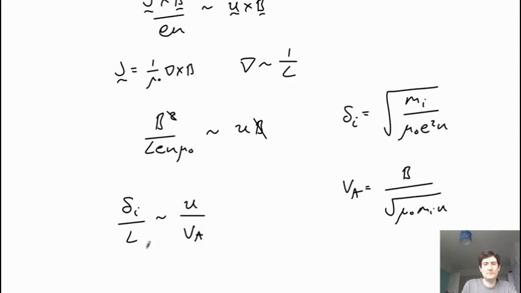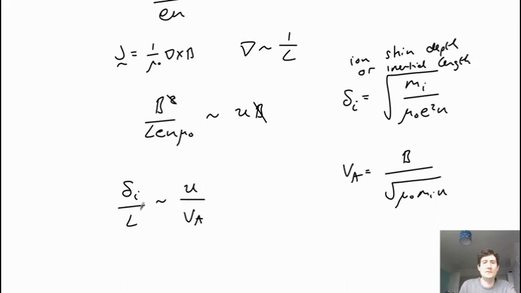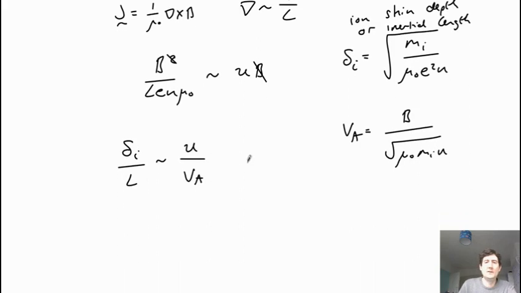And so if L is small, comparable to this skin depth, then the Hall term becomes important. Here delta_i is the ion skin depth, or inertial depth, or inertial length. On small length scales where L becomes comparable to delta_i, the Hall term is important.